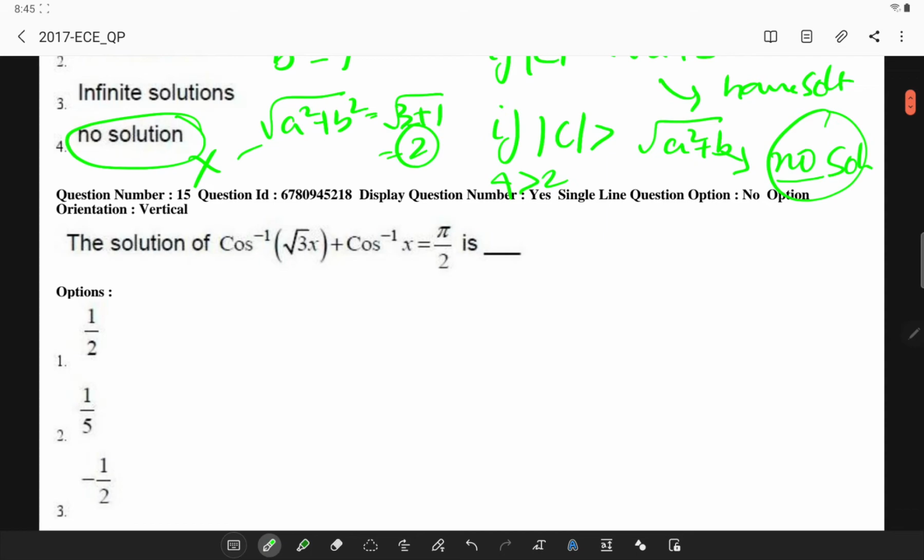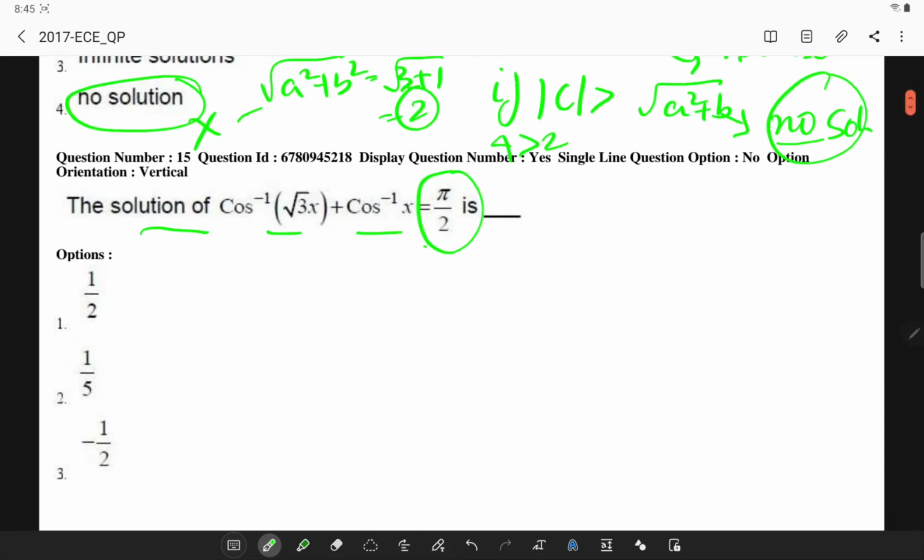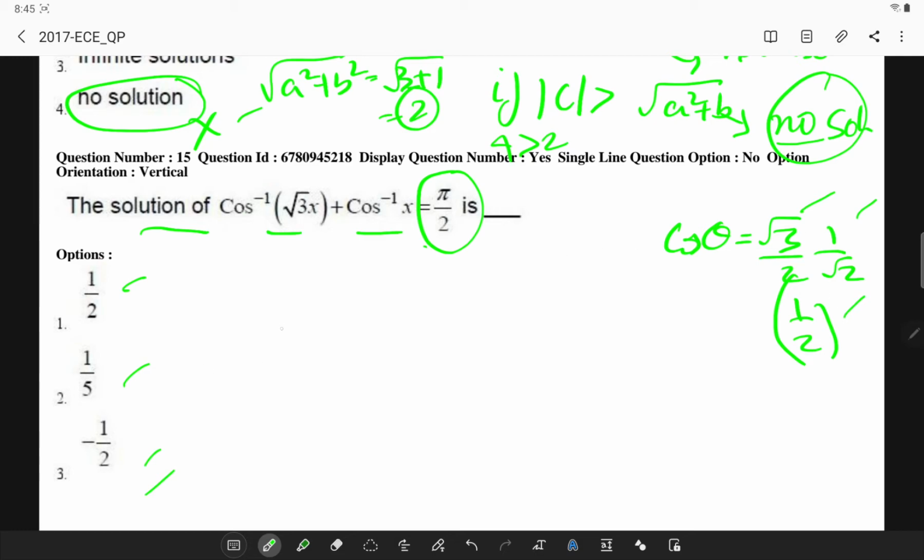Next, what is the solution of cos inverse root 3x plus cos inverse x is equal to pi by 2? Now, let us go with value substitutions. Generally cos theta values will be in the form of root 3 by 2 or 1 by root 2 or 1 by 2, because this is cos 45, this is cos 30 and this is cos 60. If I substitute x is equal to 1 by 2, this will be root 3 by 2 and this is 1 by 2.